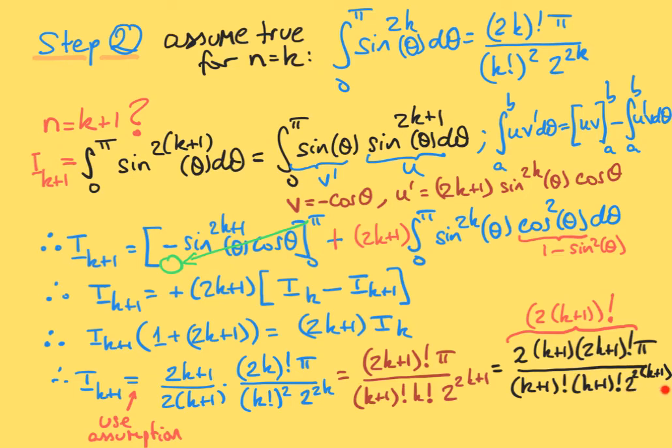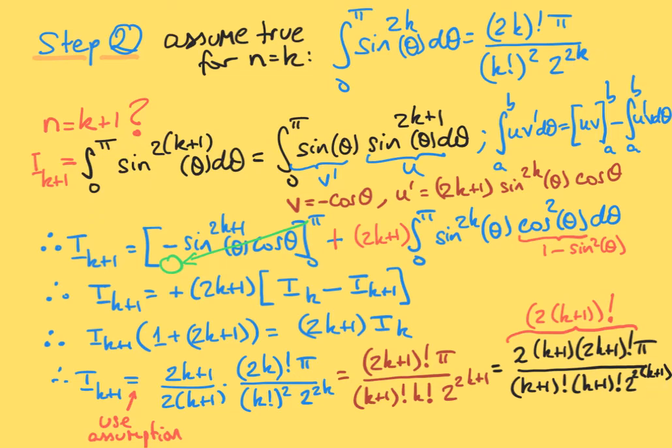And if I multiply the bottom by 2, I multiply the numerator by 2 as well, so that effectively I've multiplied by 1 and not changed this. So I've got this extra power of 2 here and an extra power of 2 here. So now the denominator is exactly this, with k replaced everywhere by k plus 1. K plus 1 factorial squared, 2 to the 2 brackets k plus 1.